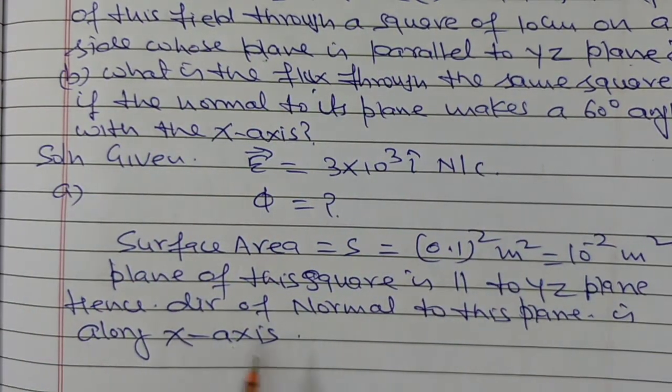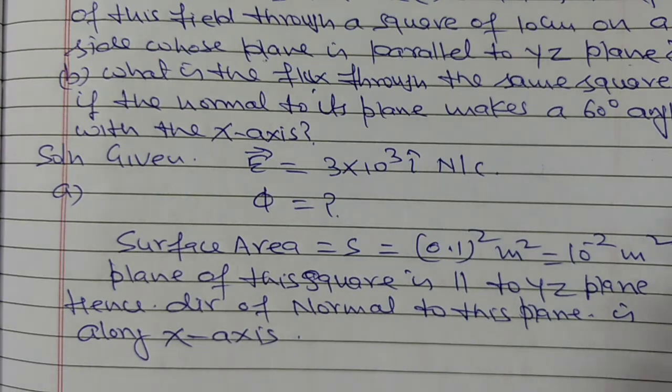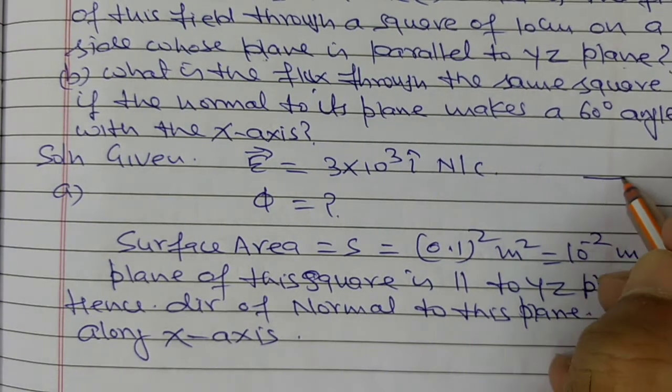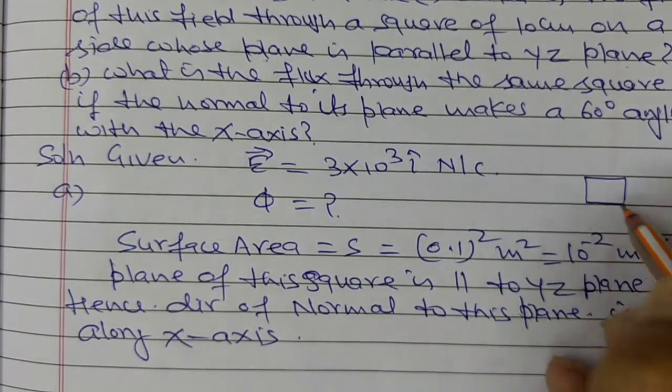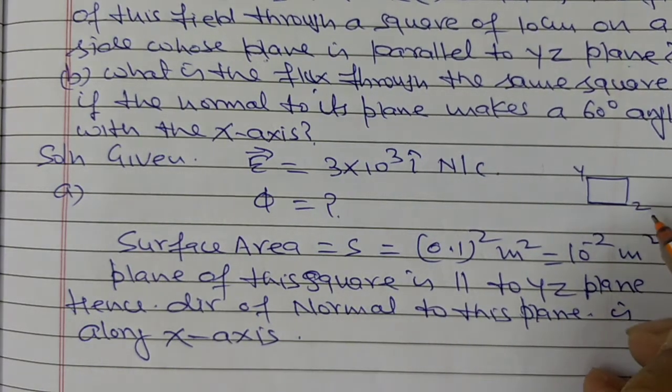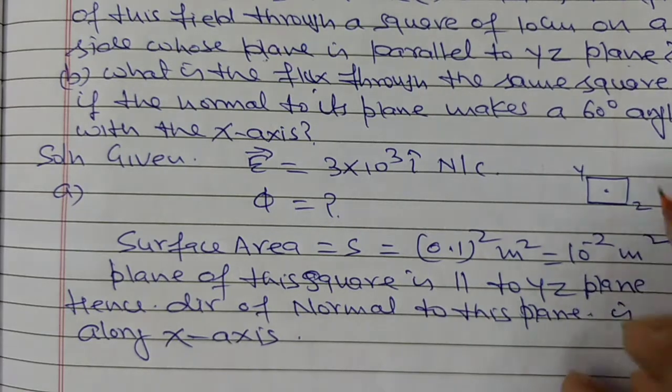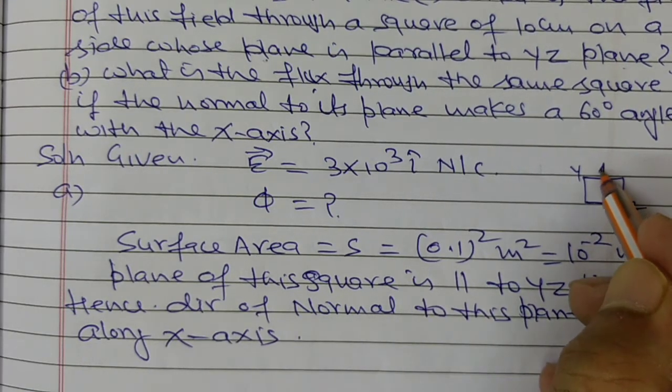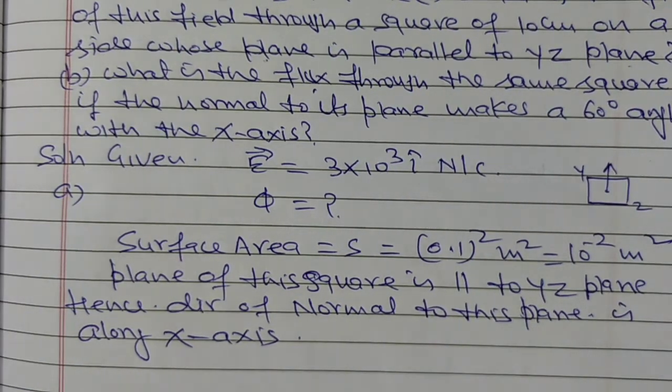YZ plane. Here this square plane like this, and this is YZ plane, here this Y and here this Z. Therefore this x-axis here perpendicular to it, right?